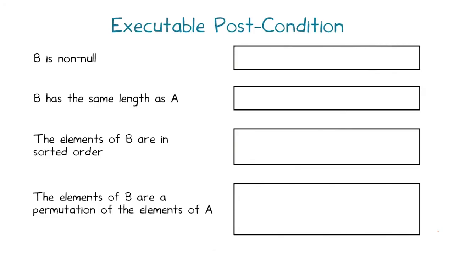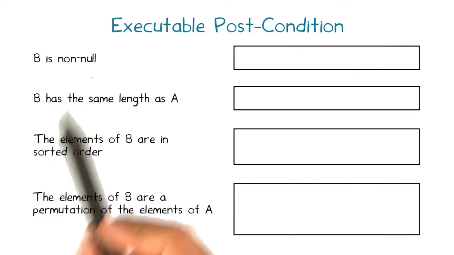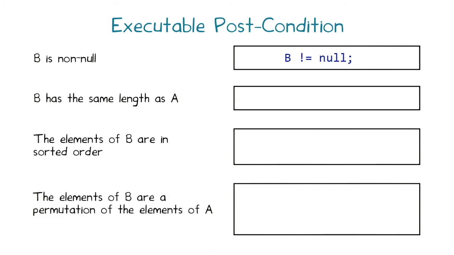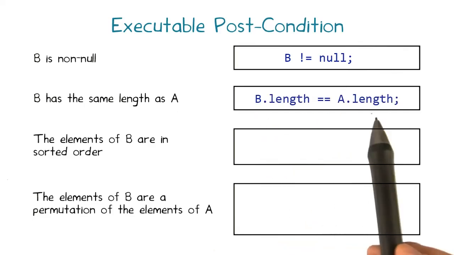What would the sorting post condition look like if we wrote it in executable code? The first part of the post condition says that B be non-null. This is easy enough to implement by adding an assertion that B not equal the null pointer. The second part of the post condition, that B and A have the same length, is similarly easy to implement by adding an assertion that B.length equals A.length.